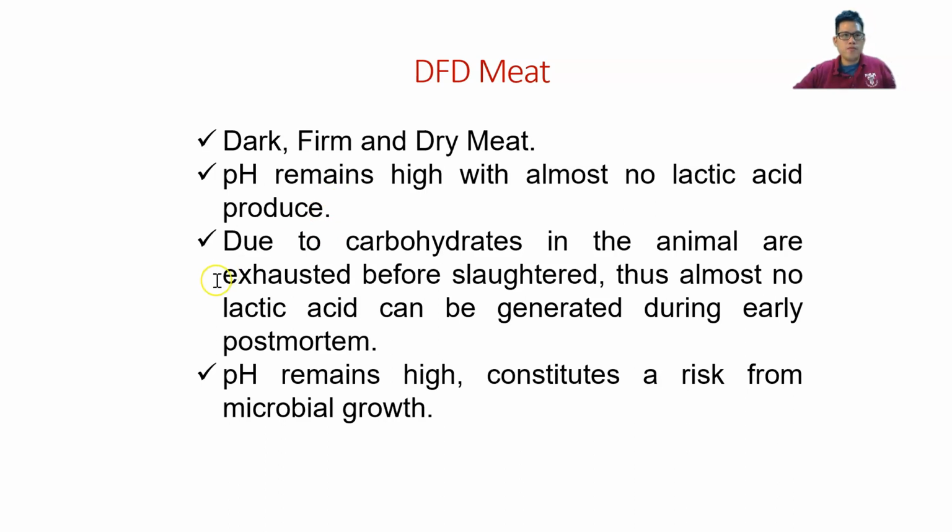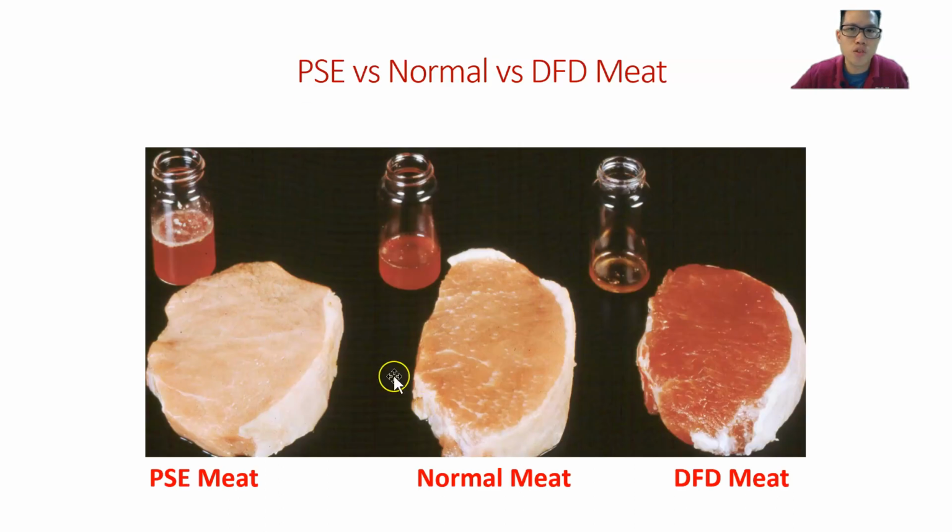So you can see from here, in order to avoid PSE or DFD, the condition of the animal prior to slaughter is very important. You cannot stress too much, cannot have too much carbohydrate, and cannot have too little carbohydrate before they are slaughtered. All this must be taken into consideration to produce normal meat.